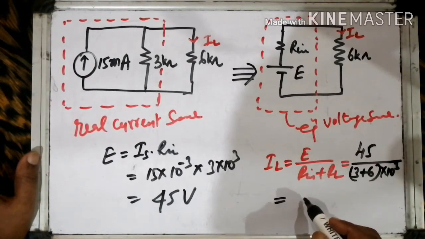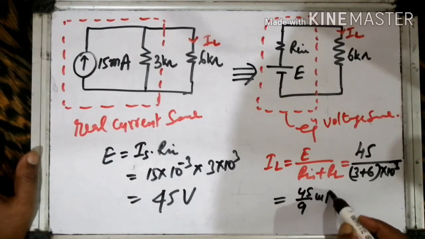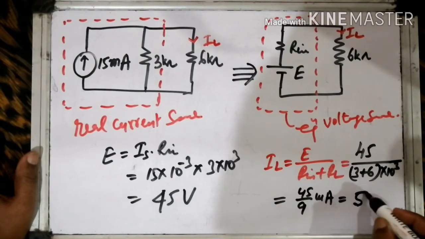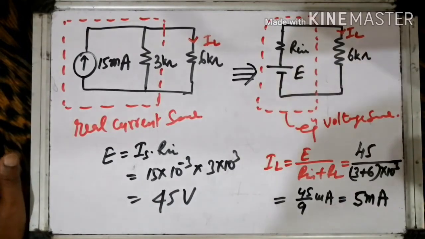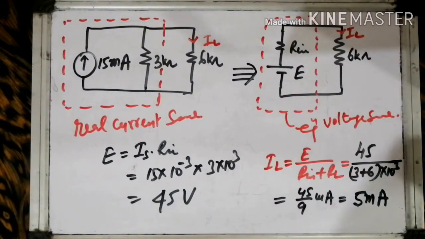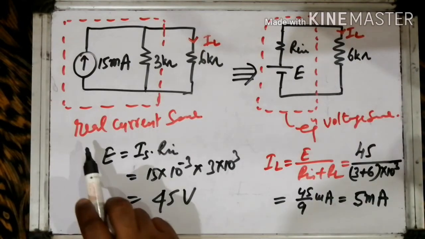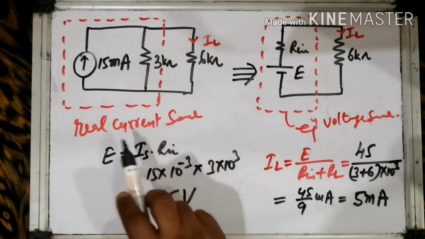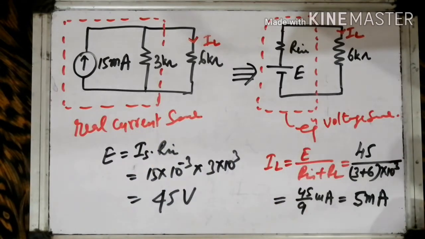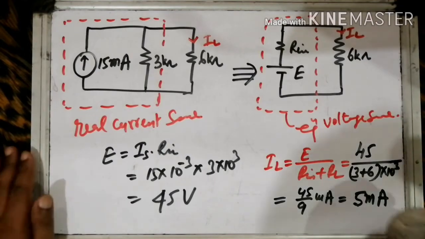It becomes 45 divided by 9 milliampere, that is 5 milliampere, right? So this is the numerical in which current is calculated through the load resistor by converting a real current source into an equivalent voltage source. Okay, now see the next.